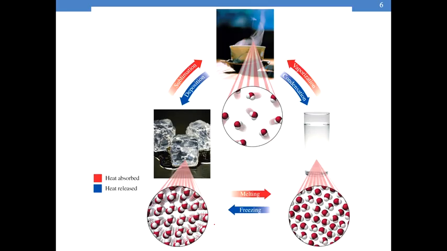Here is a diagram that did not come from your book, but it shows a triangle: solid, gas, and liquid, and you can think of it like equilibrium among all three states. This diagram shows in red heat absorbed, and in blue the arrows heat released, and it shows the sublimation and the deposition that I wrote on the previous slide.